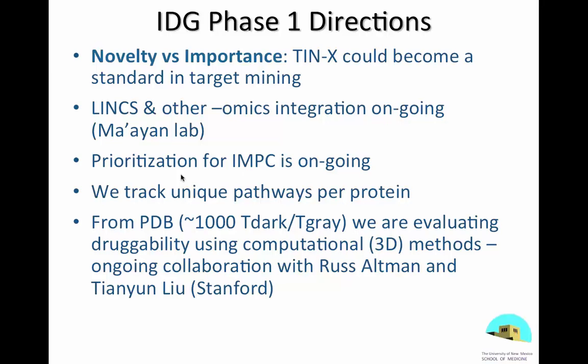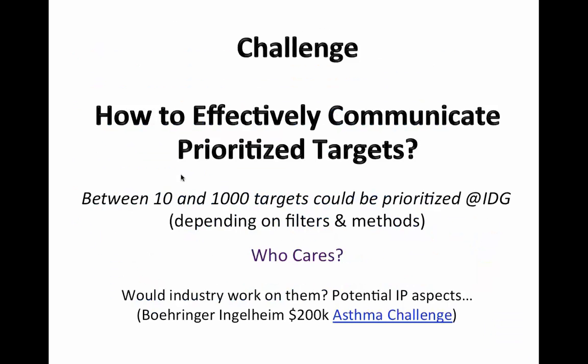And we're working on doing another list of prioritized targets for IMDC. And then we're also working with Russ Altman and Tian Liu at Stanford to try to evaluate druggability for those targets that are in T-dark and T-gray, which have a 3D structure. So this is an algorithmic system that we're developing together.